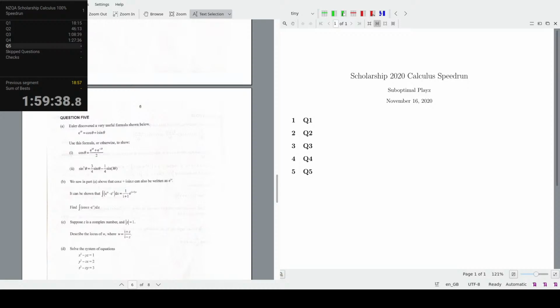Alright. That was so silly. Well, at least I solved it now. So actually, I only need 4C, 5C, and 5D, and then I'll be done.